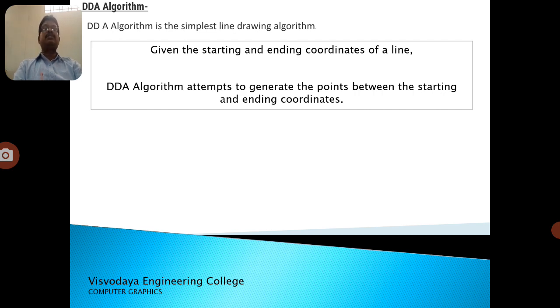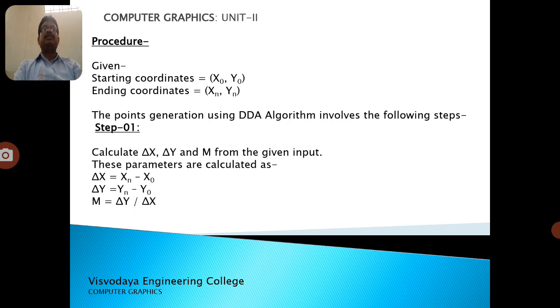Now we are going to discuss the DDA algorithm in detail. The procedure is: given the x coordinate and y coordinate, the starting point is x0 and y0, and the ending point is xn and yn. Based on these two coordinates we will find the intermediate points with the procedure explained by the DDA algorithm.